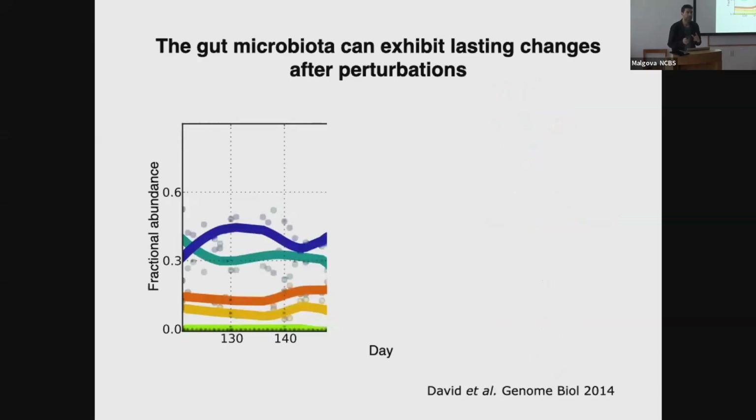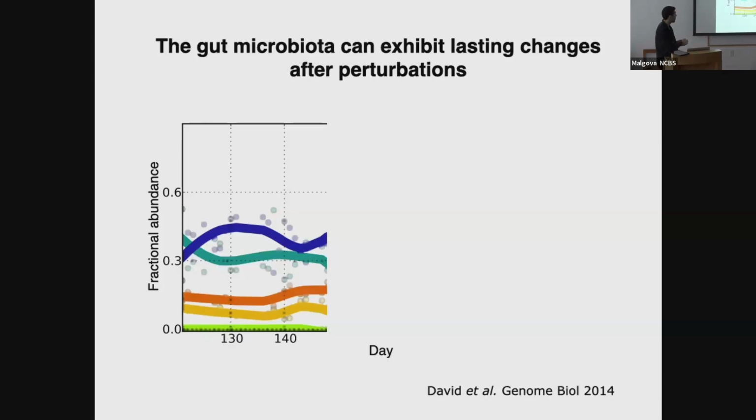We were interested in the bistable or multistable outcomes in part because in communities that display alternative stable states, we can have lasting changes in composition and perhaps also in the function of these communities. Here I'm presenting an example of a time series for the core groups of the gut microbiota of an individual.